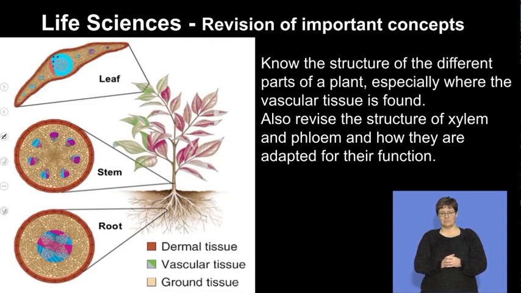Looking at the plant, what we did in one of our previous lessons, we look at roots, stems, and leaves. And in those roots, stems, and leaves, we have the different types of tissues. So let's highlight where these different types of tissues are found. So if we look in the root, we see the dermal tissue.